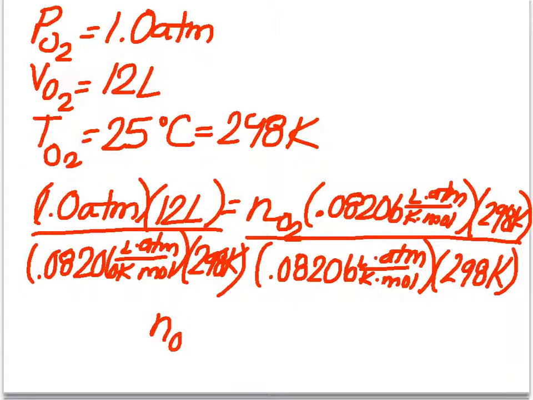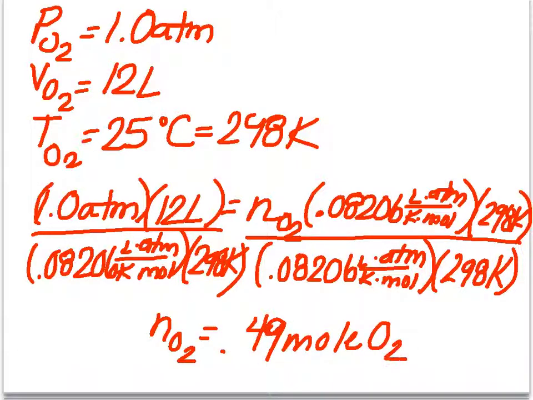So that gives us moles of oxygen. So that's going to be 12 divided by 0.08206 times 298, and that gives us 0.49 moles of oxygen present.